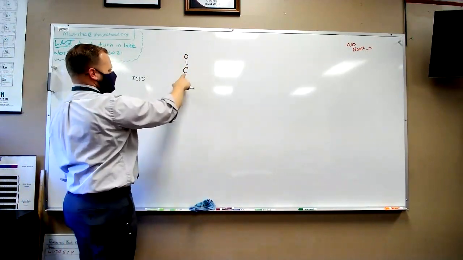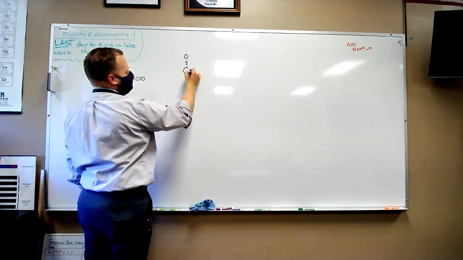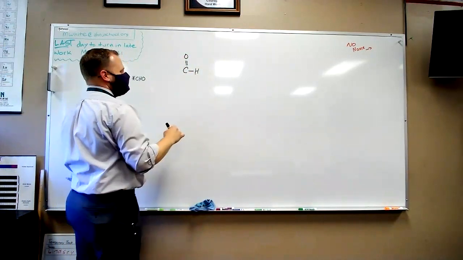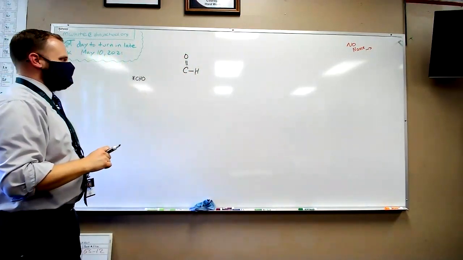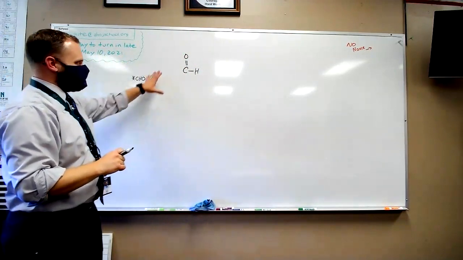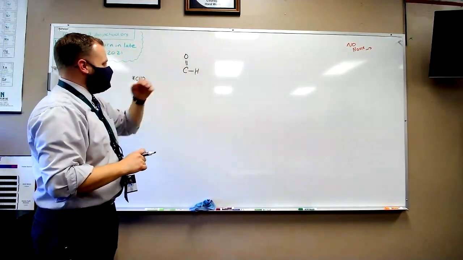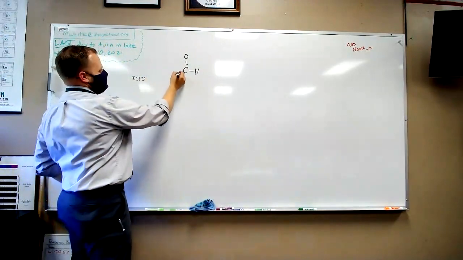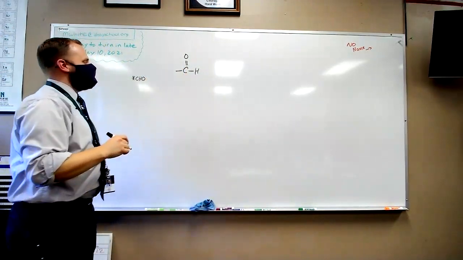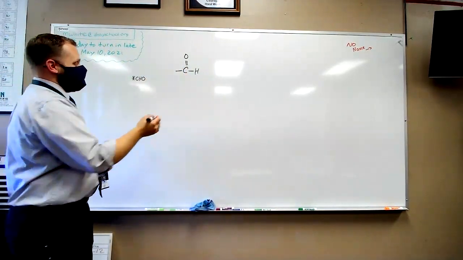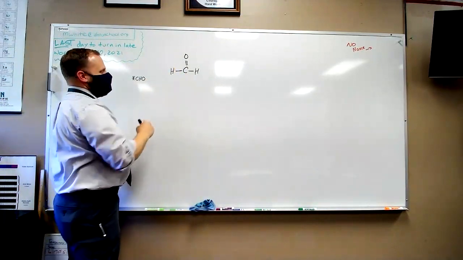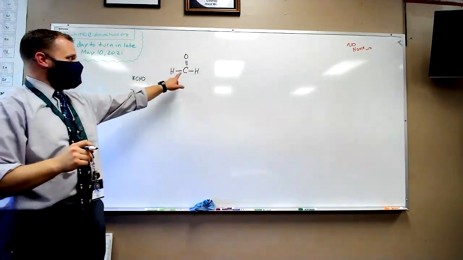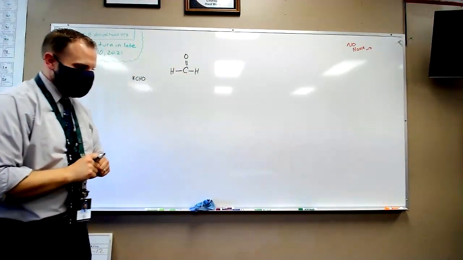We've got this carbonyl, which is the C and the O, and we have to have at least one hydrogen there. So this is the structure that we're looking at. And over on the other side, it could just be a hydrogen. This is a valid molecule.